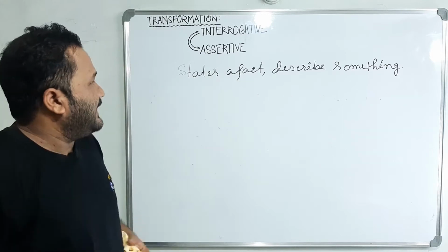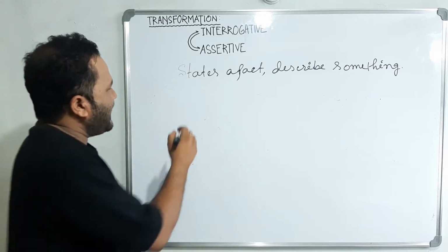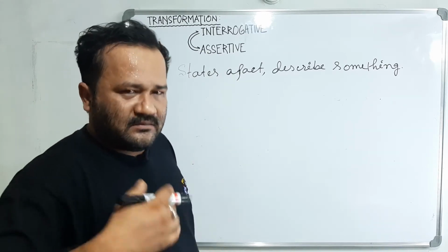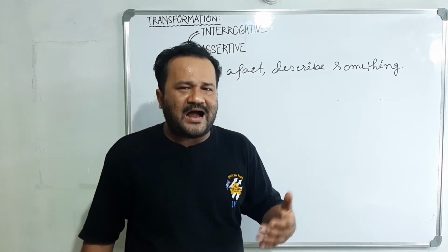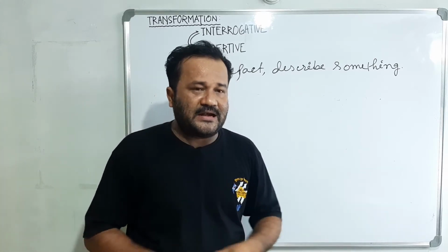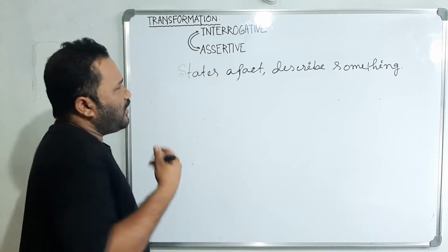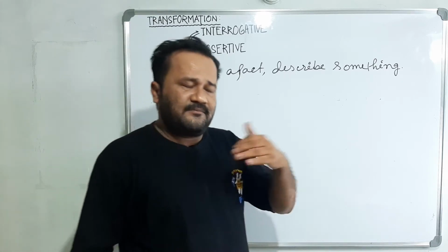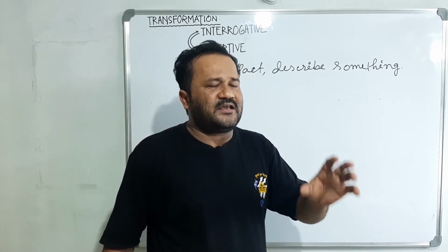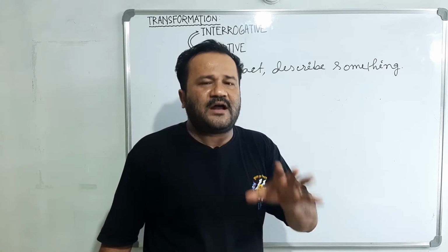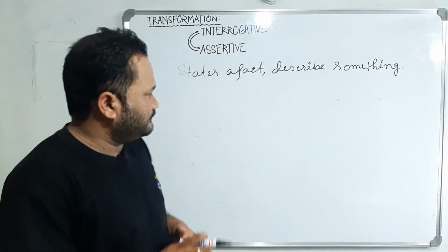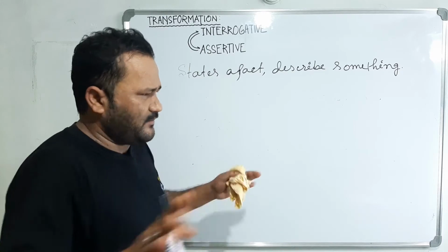You know about that. Next, I am playing cricket. You can make it I am not playing cricket. Here the negative word is placed after am, because there is an auxiliary verb, that is am. Okay, or he is playing cricket, whatever.